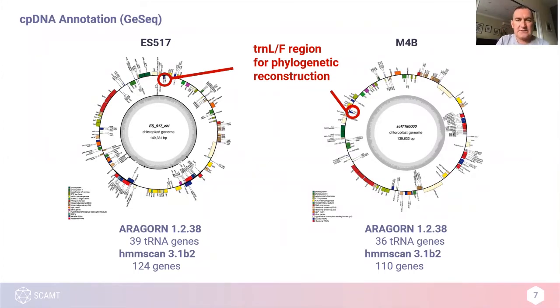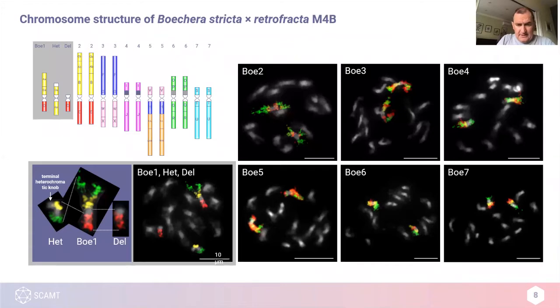Here it's indicated a small fragment, highly variable but at the same time very conserved, called the trnL-F region, and it's used for phylogenetic reconstruction. In fact, chloroplasts are inherited only by maternal lines via cytoplasm, and they are used as a sort of haplogroup of the plant. And next one, please.